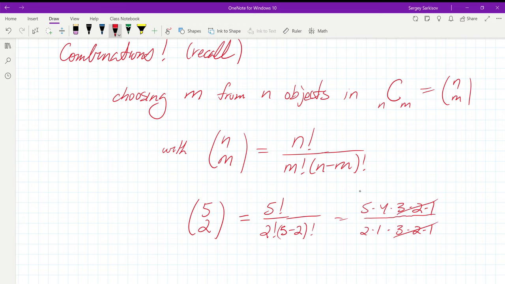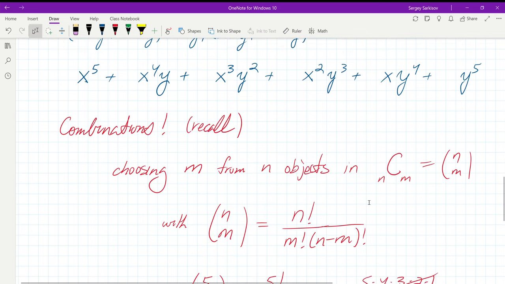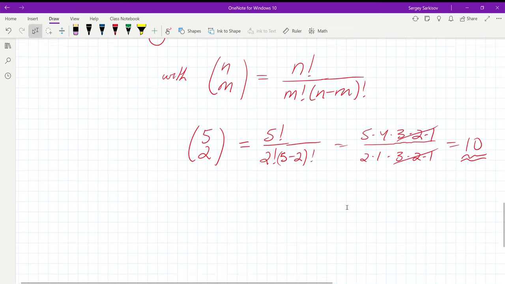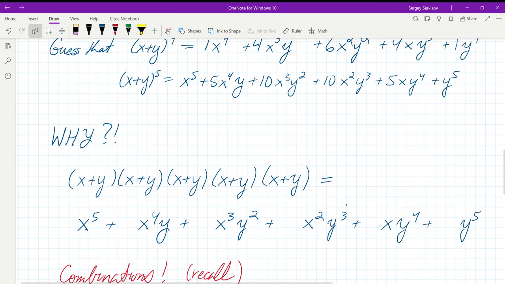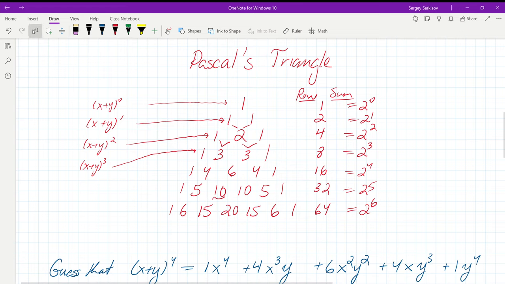These go away. 5 times 4, 20, over 2, 10. Guess what? This is what we put right over here, with y squared. How many y's did I choose? 2, right? So right here, I'll put a 10. Get it? And that's the 10 right there. These are actually the choosing 2 from 5.